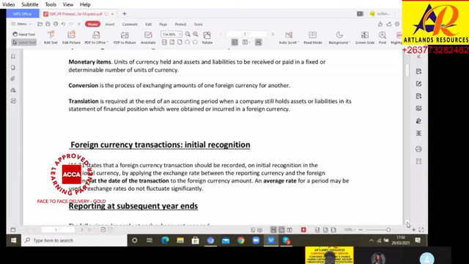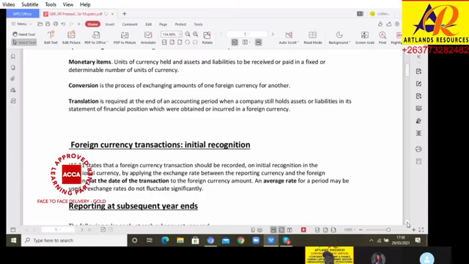At the date of transaction, whenever you incur a foreign currency transaction, whether you make sales or purchases in foreign currency, it's important to record it in your functional currency using the exchange rate prevailing at the date of transaction.